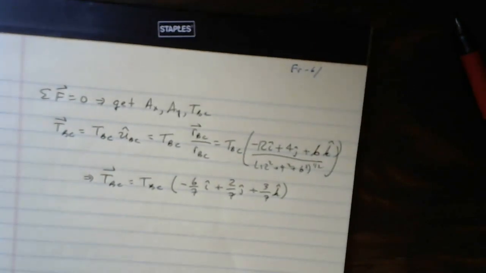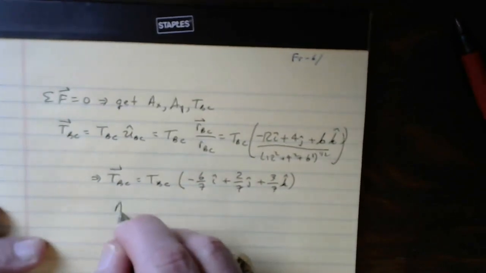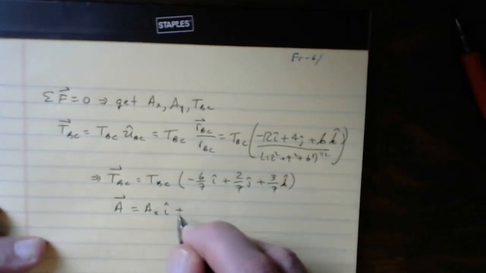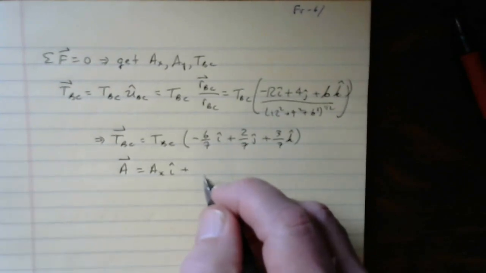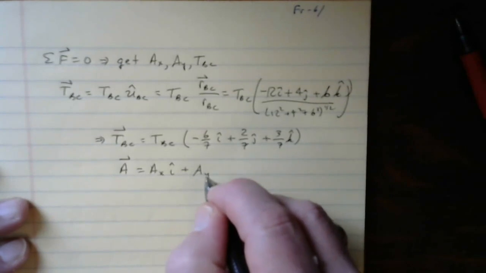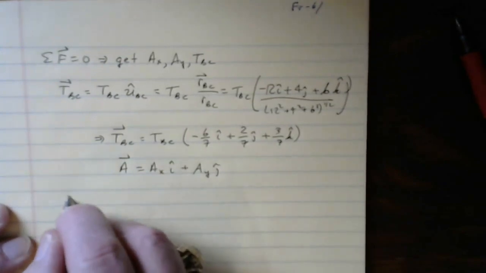So there's TBC. I know, again, A is equal to AXi plus AYj. Again, no Z component because motion is possible in the Z direction. So now all I've got to do is collect terms.